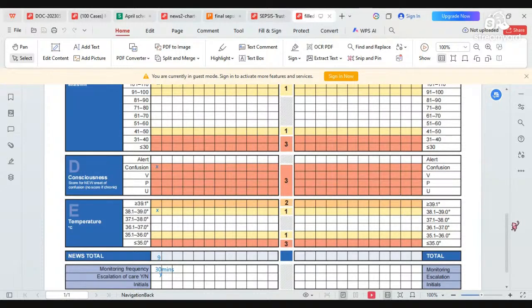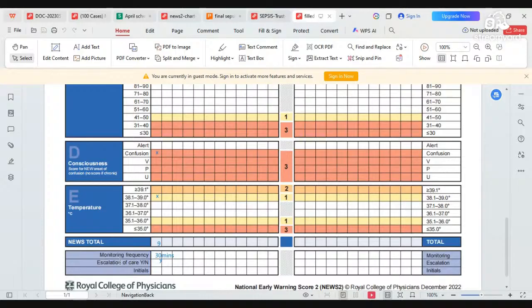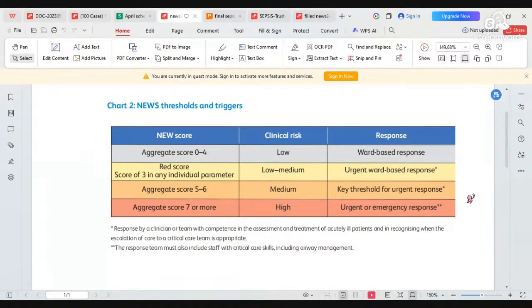Now, for a total NEWS of 9, this patient would need very frequent monitoring, in this case every 30 minutes, and you need to escalate this case as well. I'll pull up a reference. So if we look at this reference chart, like we already found out, our patient had a total NEWS score of 9. The reference chart says for an aggregate score of 7 or more, this is high.